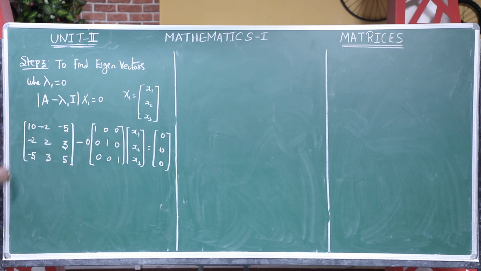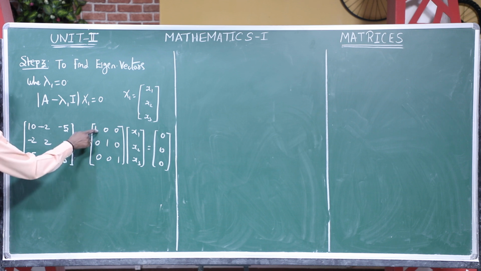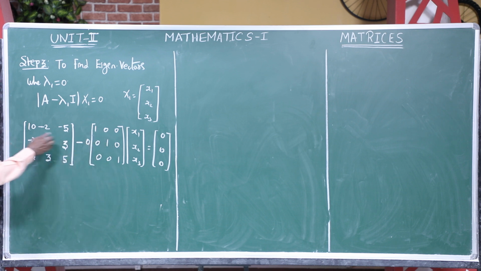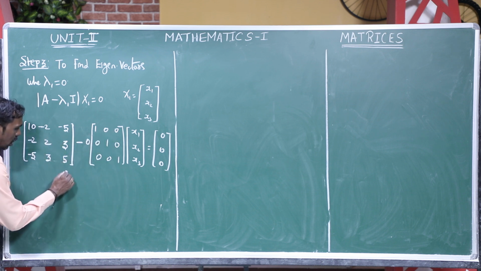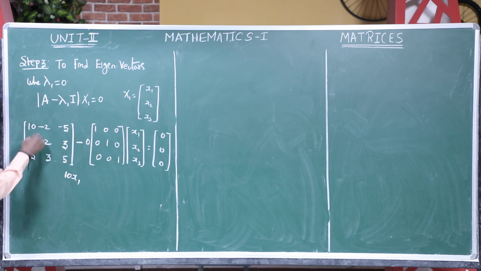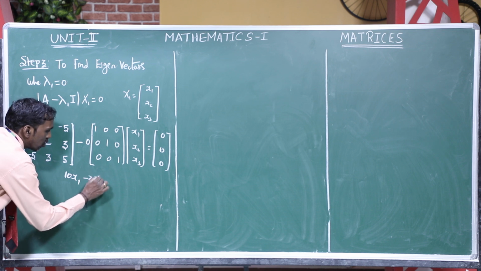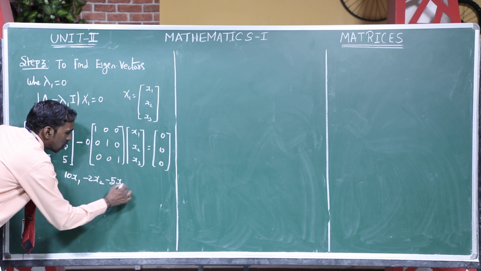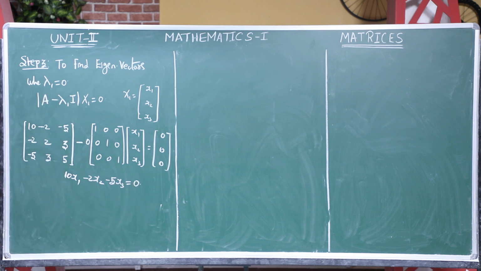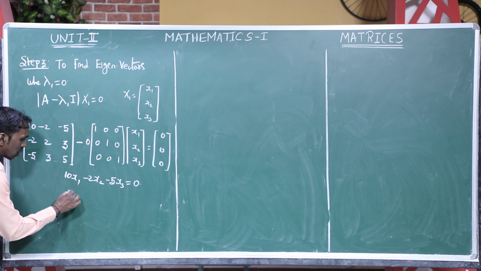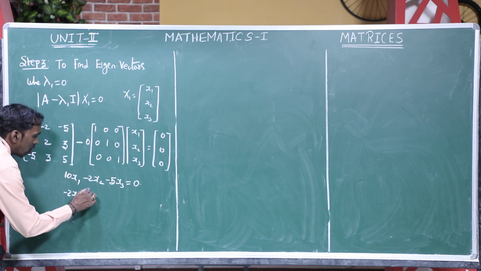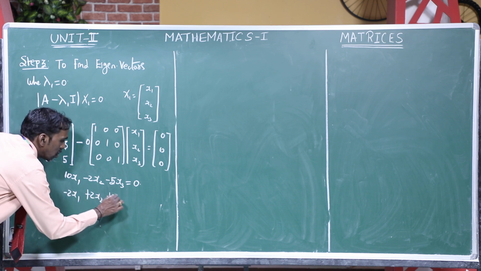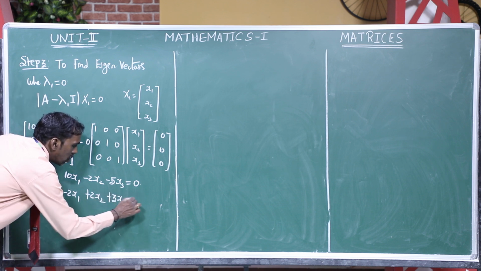What is the equation? You get it now: 10x1 minus 2x2 minus 5x3 equal to 0. Then similarly, minus 2x1 plus 2x2 plus 3x3 equal to 0.